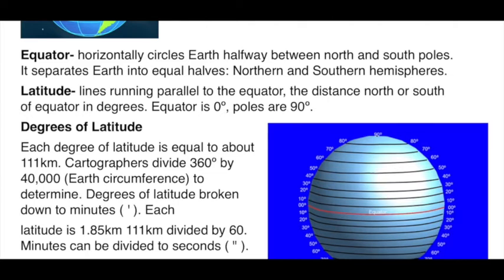You can take a degree and then divide it by 60. If you take 360 degrees in the circle, because the sphere is based in a circle, that's where you get the 111 kilometers. Then within that 111 kilometers, you have lots of things. You have mountains and you have towns, all within that distance.